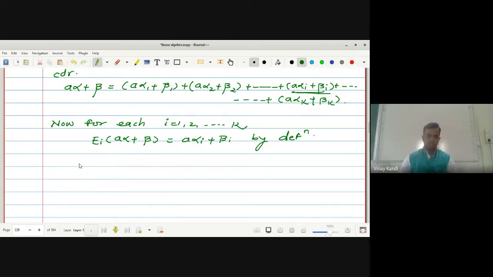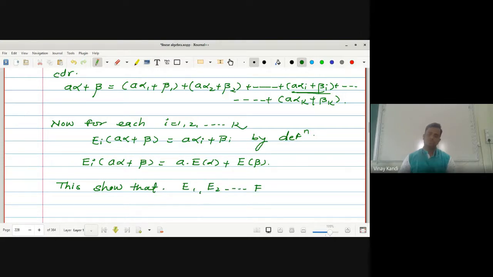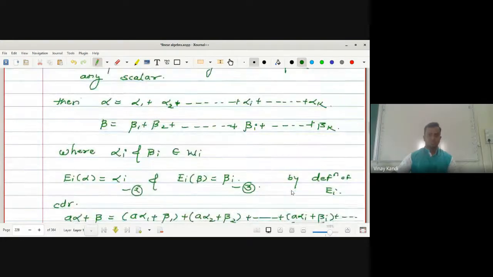So here we get E_i of a alpha plus beta is equal to a into E_i of alpha plus E_i of beta. This shows that E_1, E_2 up to E_k are linear operators on capital V.